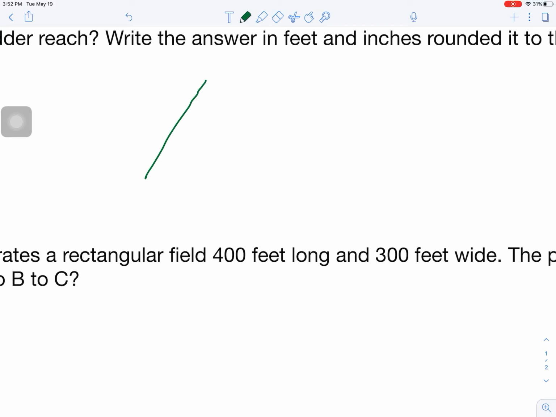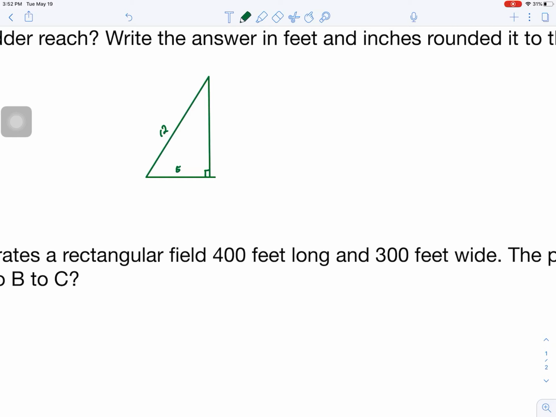So we have a 12-foot ladder here, and that's 12. And it's leaning this far roughly from the building. That's 5 feet. And then we have our line going down where the building is. Hopefully I drew it pretty close to a square. And we have our right angle here because the building goes straight up.